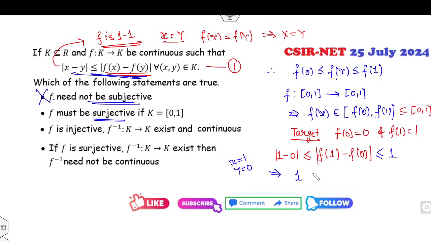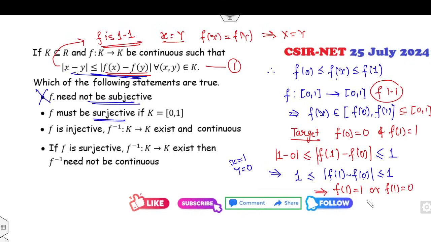So 1 is less than or equal to f of 1 minus f of 0. And f is one-one, we have already proved that. So this is possible only if either f of 1 is 1 and f of 0 is 0, or f of 1 is 0 and f of 0 is 1, and that is your required target. So therefore this must be surjective, that's final.